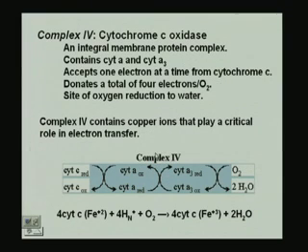Then we have complex 4, that is actually again cytochrome C, and in this case what happens, a total of 4 electrons go to oxygen, and this is the site of oxygen reduction to water. Okay? And in this we have a 1 electron system also here in the form of cytochromes.